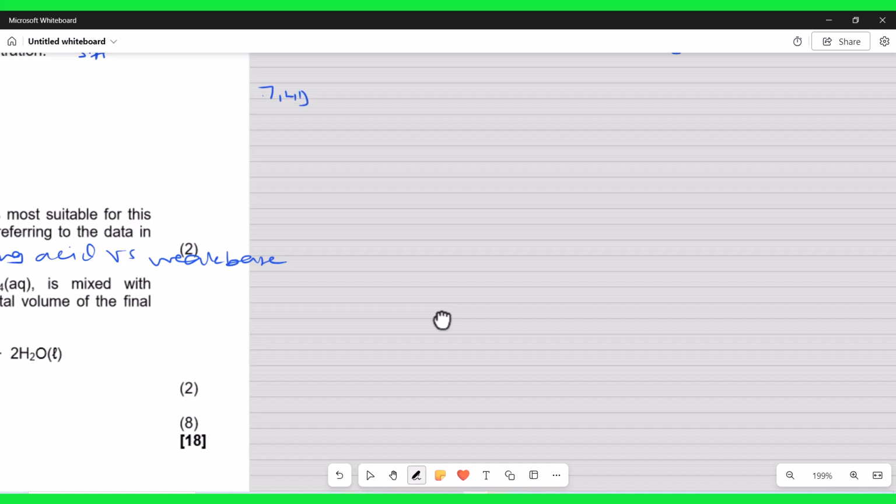Now, a dilute acid is an acid that contains less moles, or less acid moles, in proportion to the volume of water.